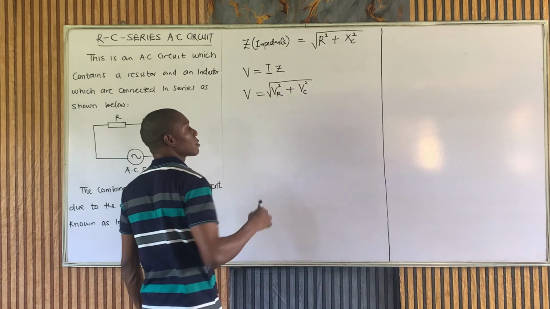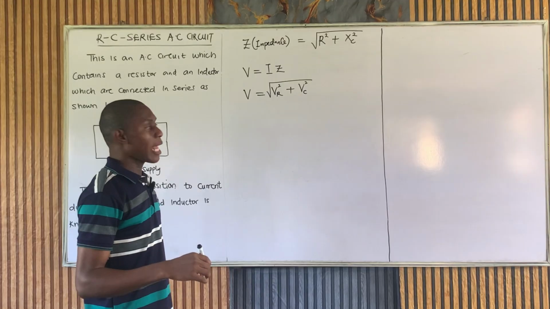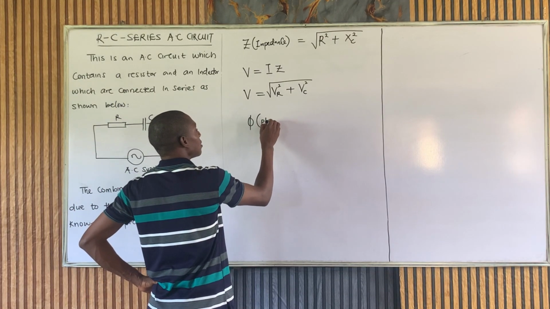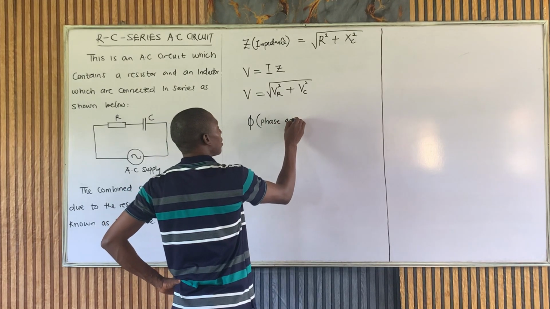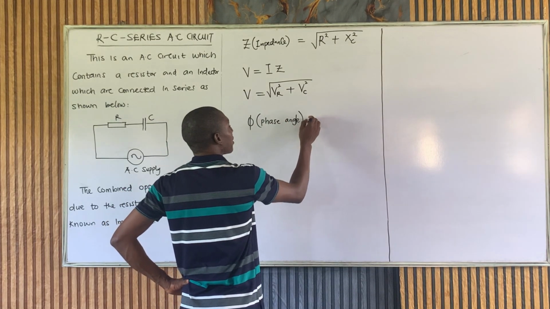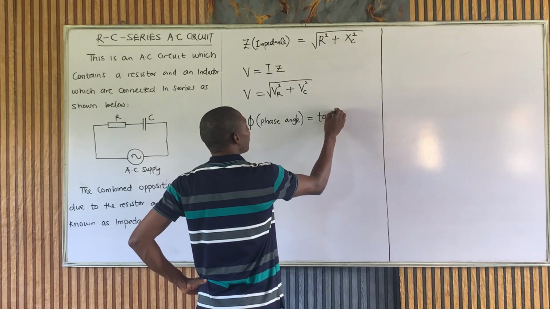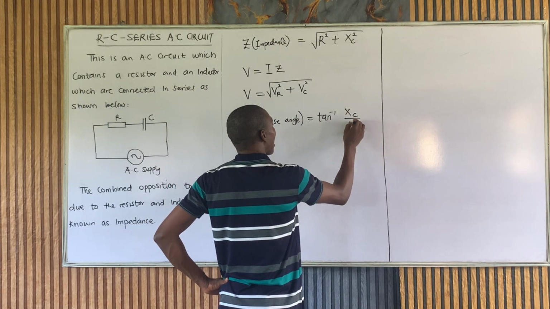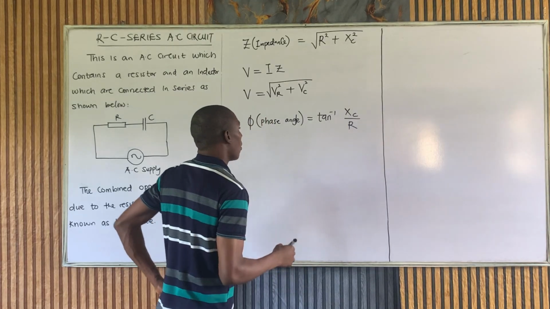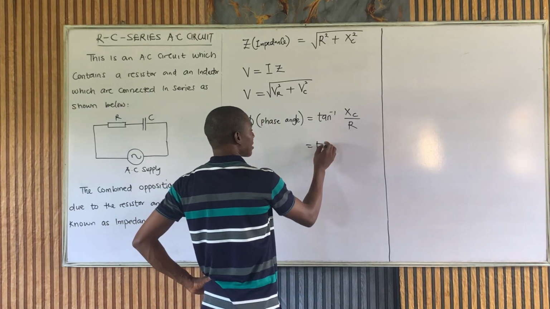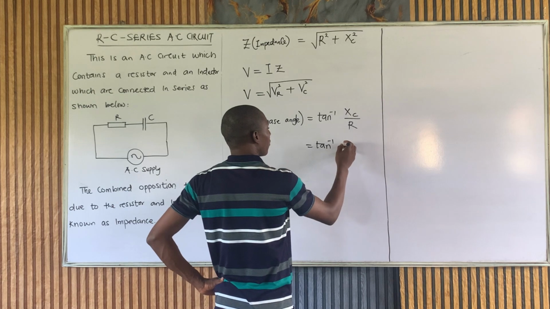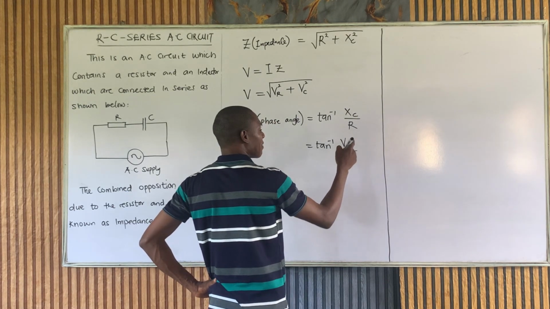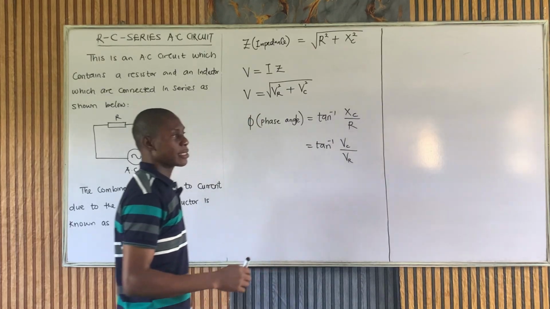Likewise, the phase angle phi can be obtained by doing tan inverse of XC over R, or tan inverse of VC over VR, the voltage in the capacitor divided by the voltage in the resistor.